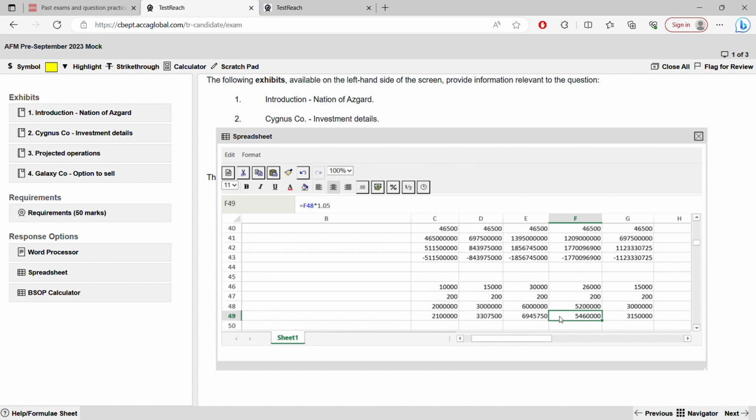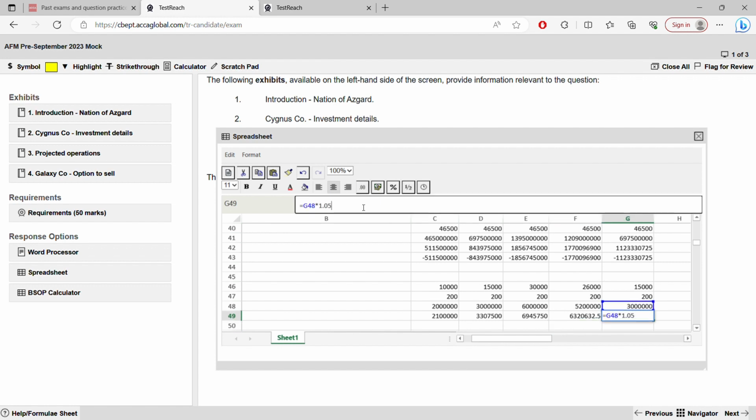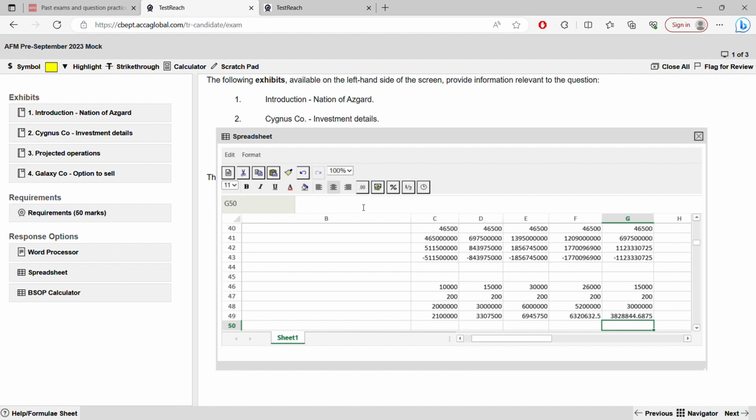Here put to the power 4, and here put to the power 5. Enter. You see? Automatically changed.